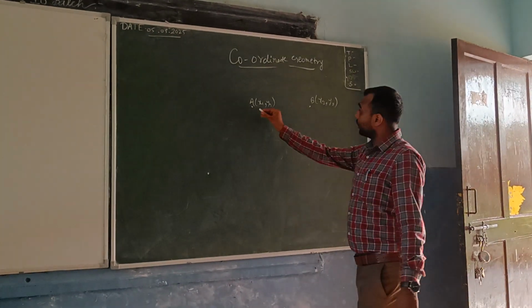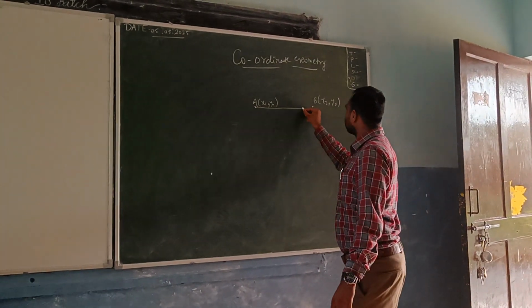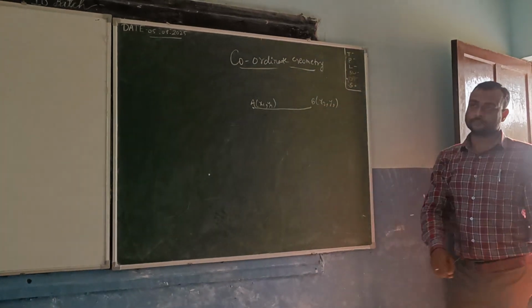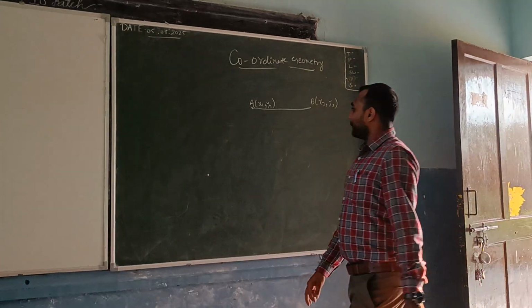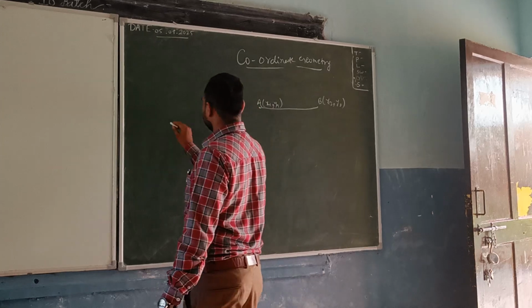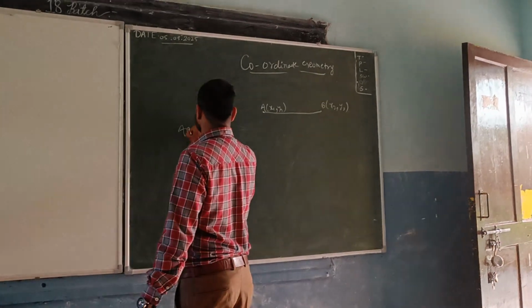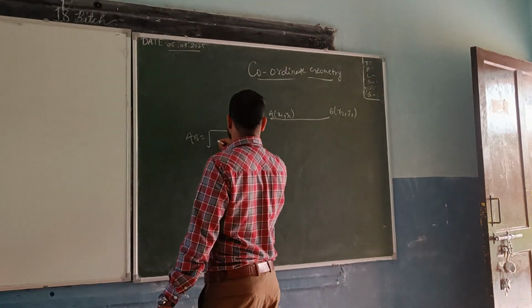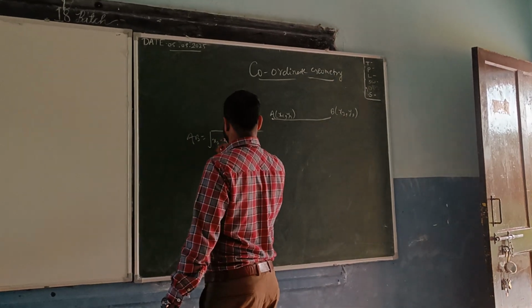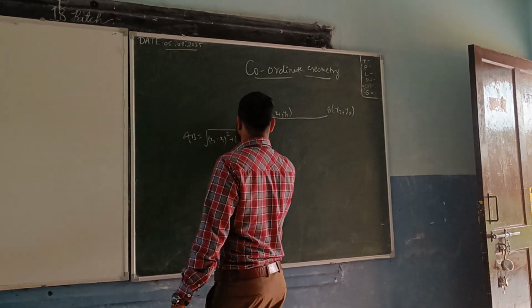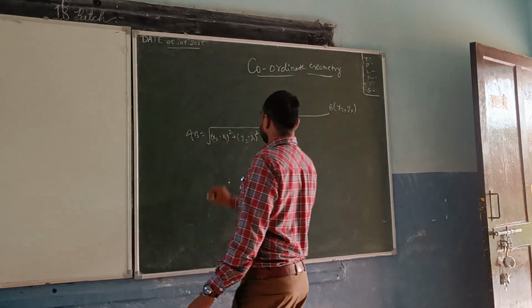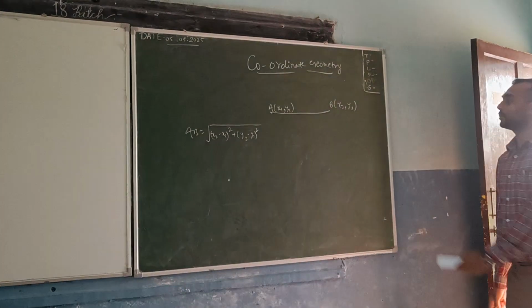We have to find the distance AB. The formula for AB is the square root of (x2 minus x1) whole squared plus (y2 minus y1) whole squared. Now we will see where it comes from.